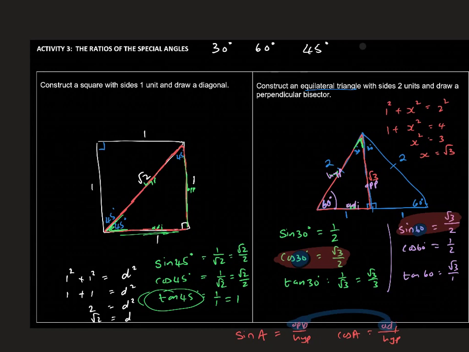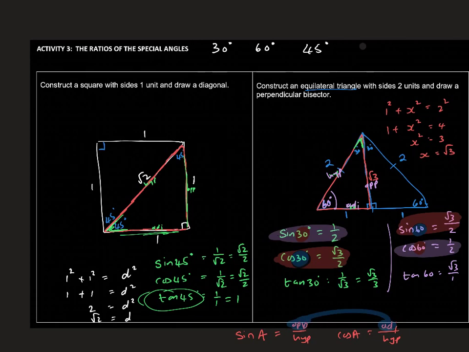The second observation I want you to make is sine of 30 is a half. That's exactly the same as cos of 60. What do we notice about those? 30 degrees plus 60 degrees is equal to 90 degrees. Okay? So in other words, sine of an angle, right?